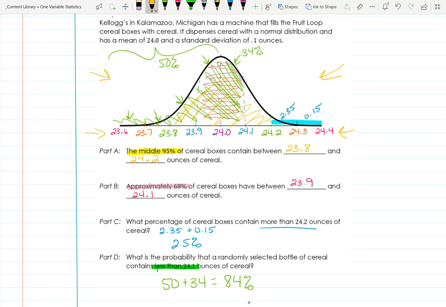So definitely give yourself a nice visual to go back and look at, because it's just simple adding or potentially subtracting depending on what they ask you. However, it's so easy to mess up on a 34% or a 13.5, like dropping something like that. So take the time to set up your normal curve, your bell curve, and fill in that number line to help you figure out what you are adding, subtracting, things like that. And if you've got colors, definitely color code it because it does help.